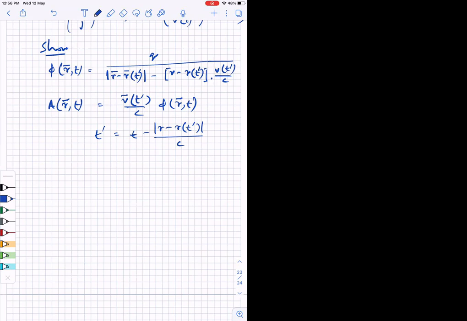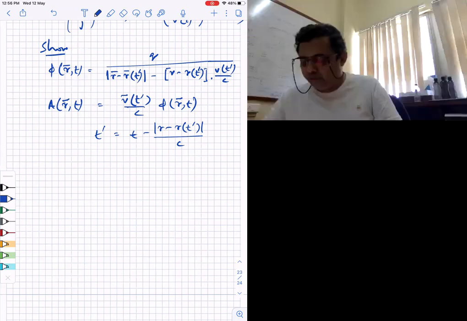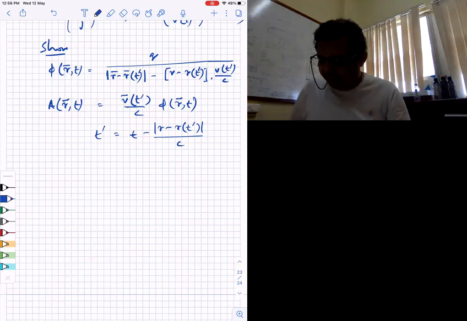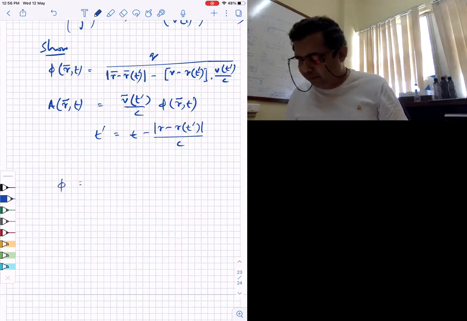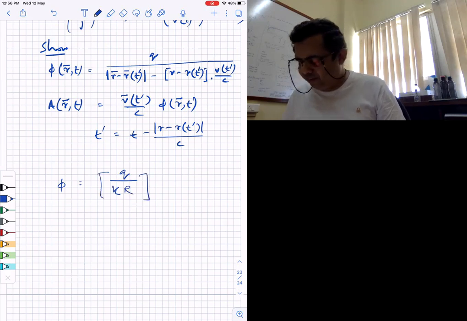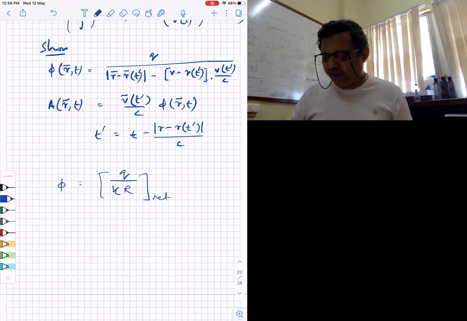Jackson uses this kappa and stuff like that, but we are still going to do it. We'll do this next time. So Jackson writes down phi as q by kappa times R, retarded. This kind of symbol is what Jackson uses to write this equation that I wrote.